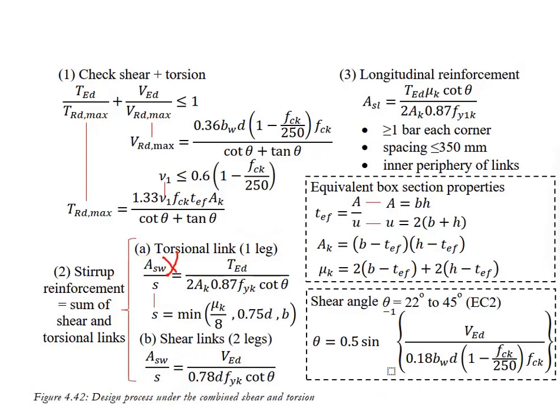That means this has to be multiplied by 2 before you sum them up, and then work out the size of the shear reinforcement as well as the spacing. In terms of the spacing, since you're going to use the same set of stirrup reinforcement to cater for the torsional load and the shear load together, you will need to standardize the spacing.